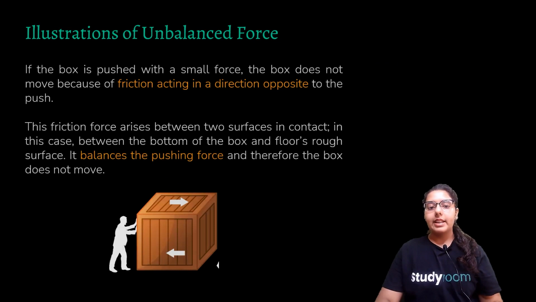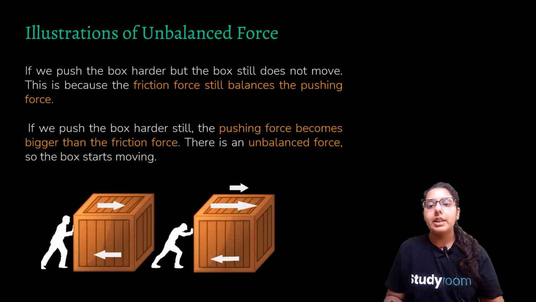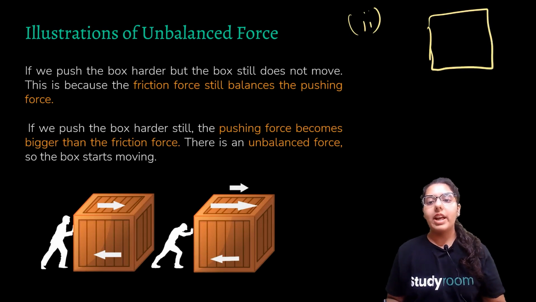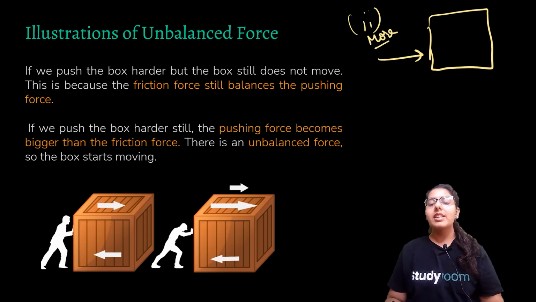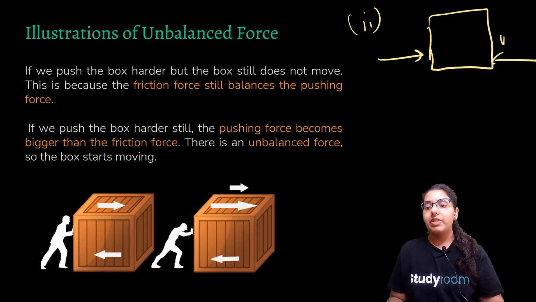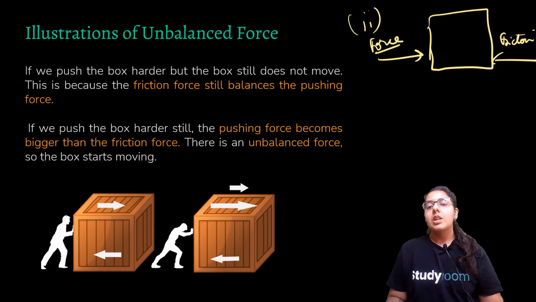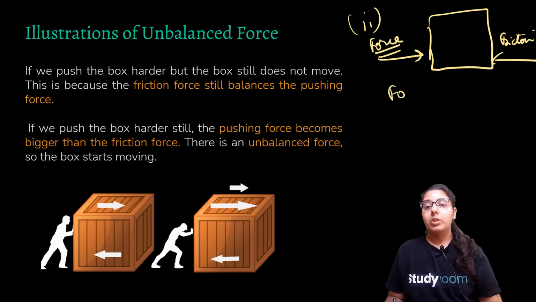Then comes the second case. In the second case, you are very strong and you are like, I won't give up. You applied some more force. Earlier it was a very small force, and the friction was in the opposite direction. Now you applied force which was equal to the frictional force.